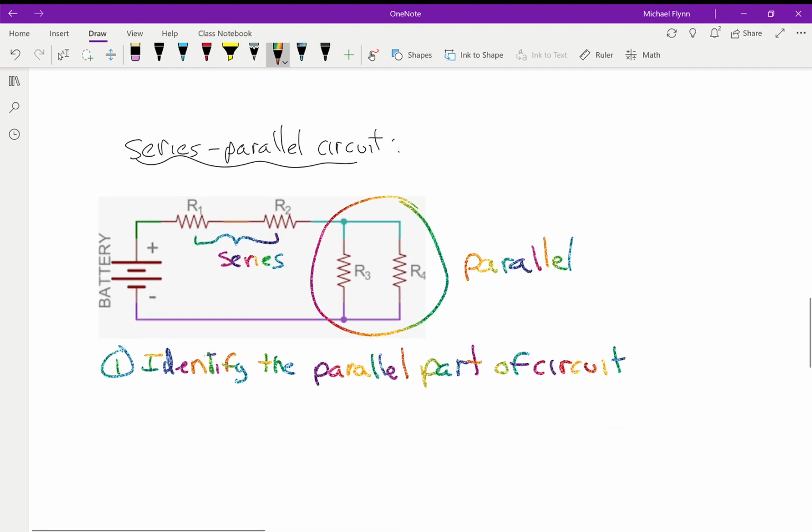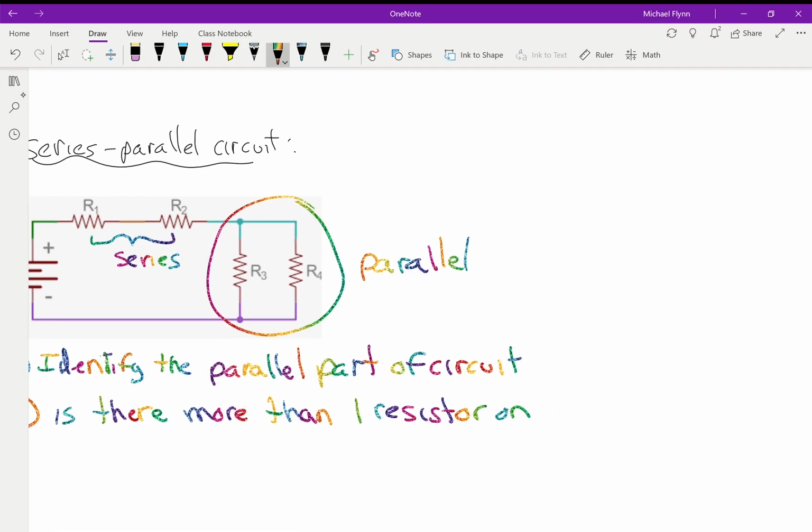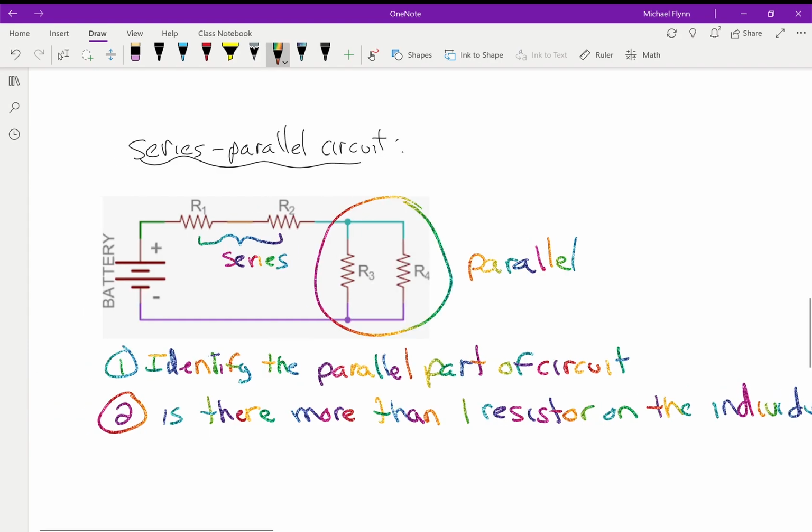Step 2: is there more than one resistor on the individual paths? You have to answer this question.